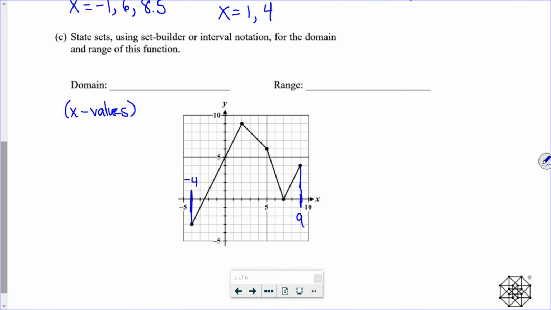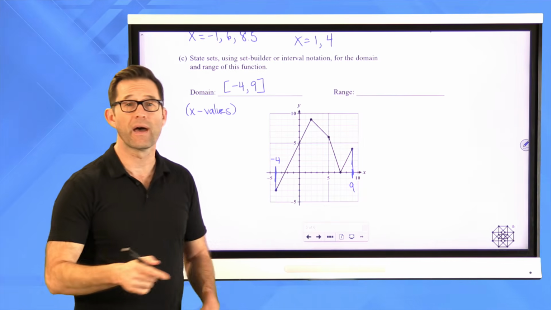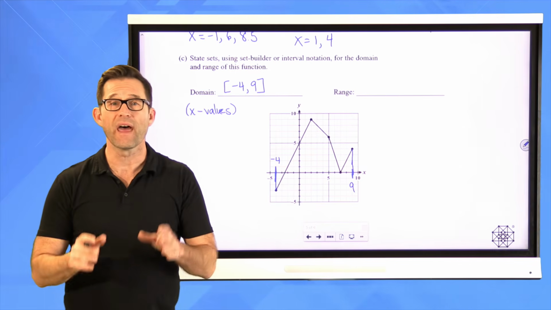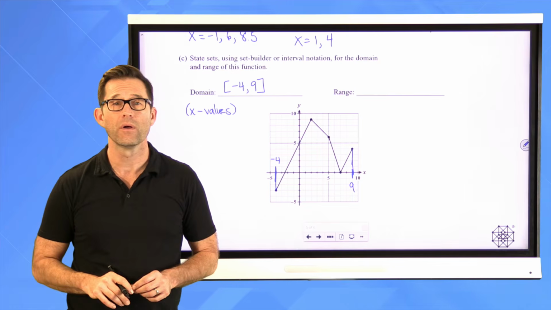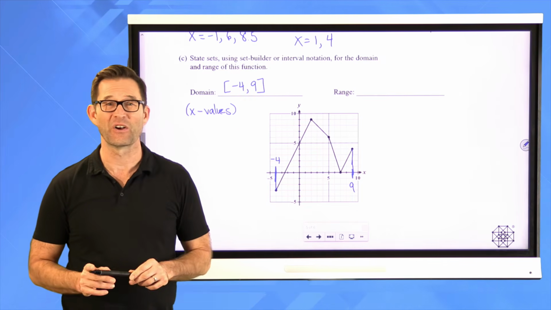So my domain in interval notation would be [-4, 9], and both of those are included. If I wanted to use set builder notation, I would have the squiggly brackets, and I'd say all real numbers such that x is greater than or equal to -4 and less than or equal to 9. But I'm going to use interval notation because it's quicker.